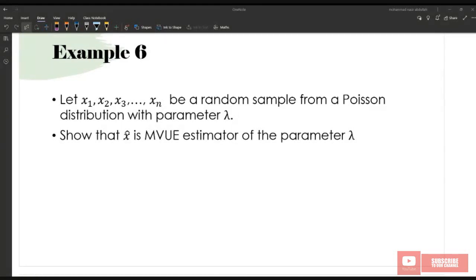I leave example number 5 and example number 6 for you as homework. You can try to do it, right? If you can prove it, I'll give you the answer.